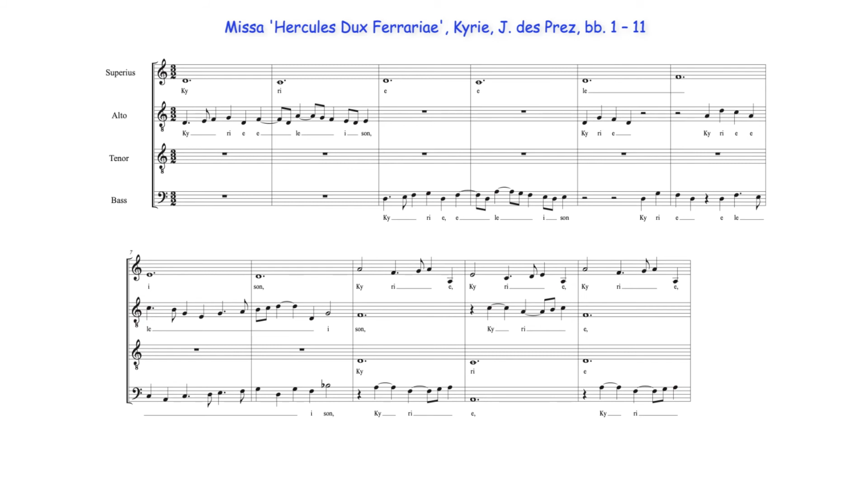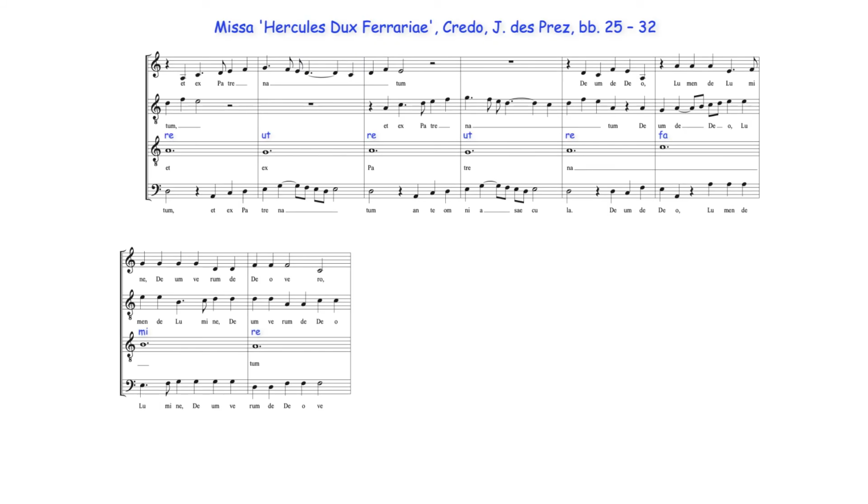Because the same syllables are found in all hexachords, however, the same syllable sequence may be used in other hexachords, such as here where Josquin uses it on the G hexachord.